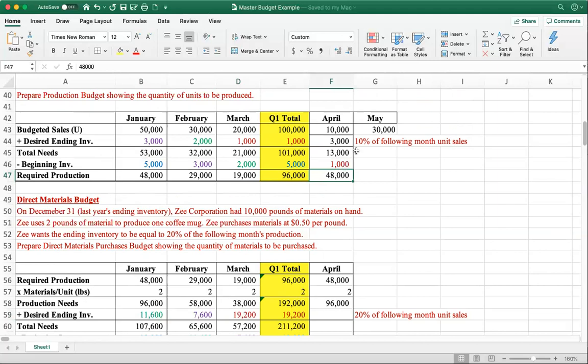You need May's column here to get April's 48,000, because this 3,000 was 10% of May's budgeted sales, right? So in order to fill up this April column, you had to have May. So once you have this 48,000, 48,000 times 2 is 96,000, and then 96,000 times 20% is 19,200. So that's the desired ending inventory.